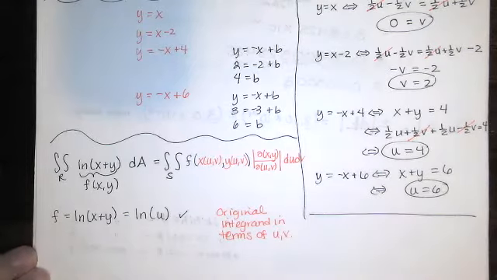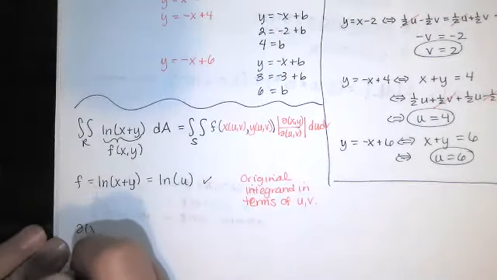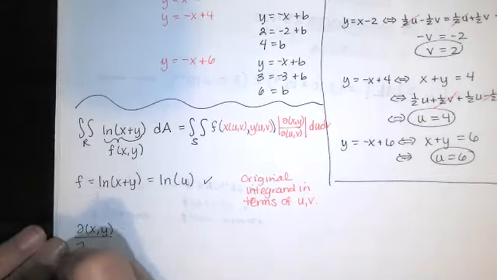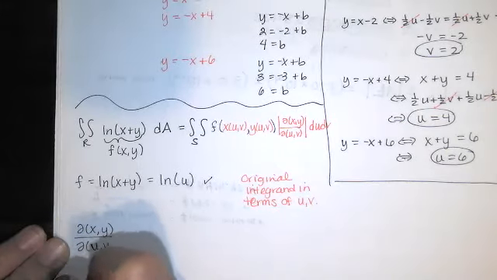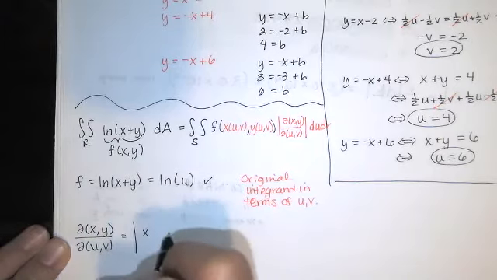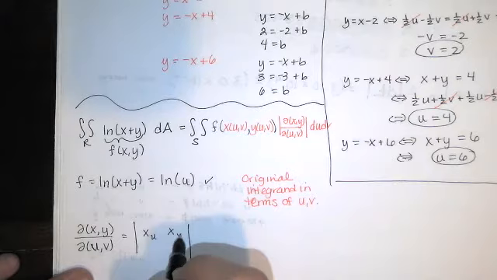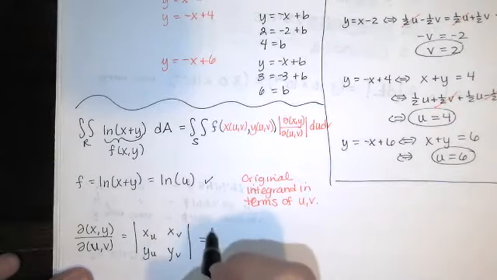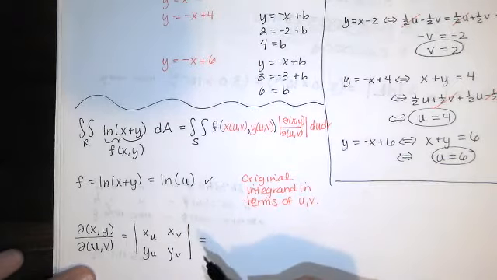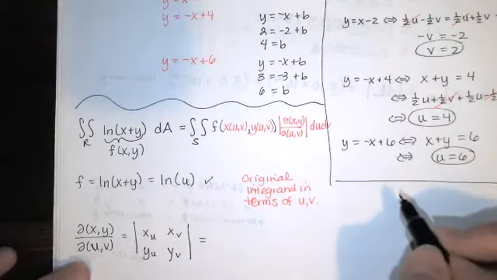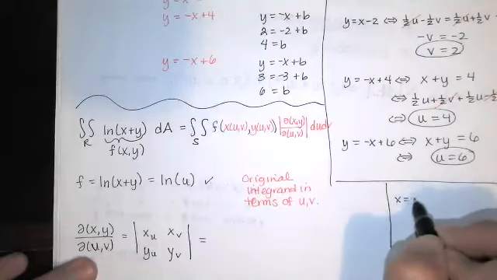And then we need the Jacobian. So you're going to have partial derivatives of x with respect to u and v in the top row, partial derivatives of y with respect to u and v in the bottom row. And remember what x and y were in terms of u and v.